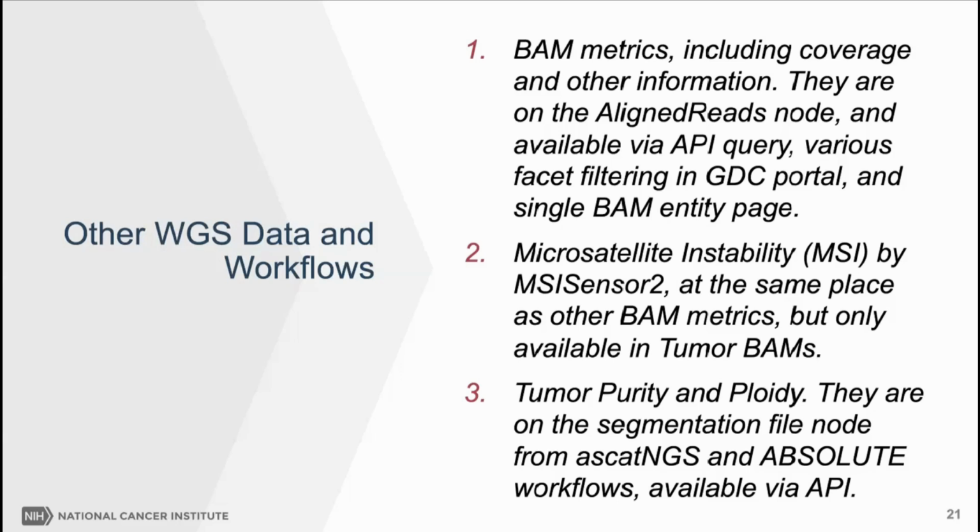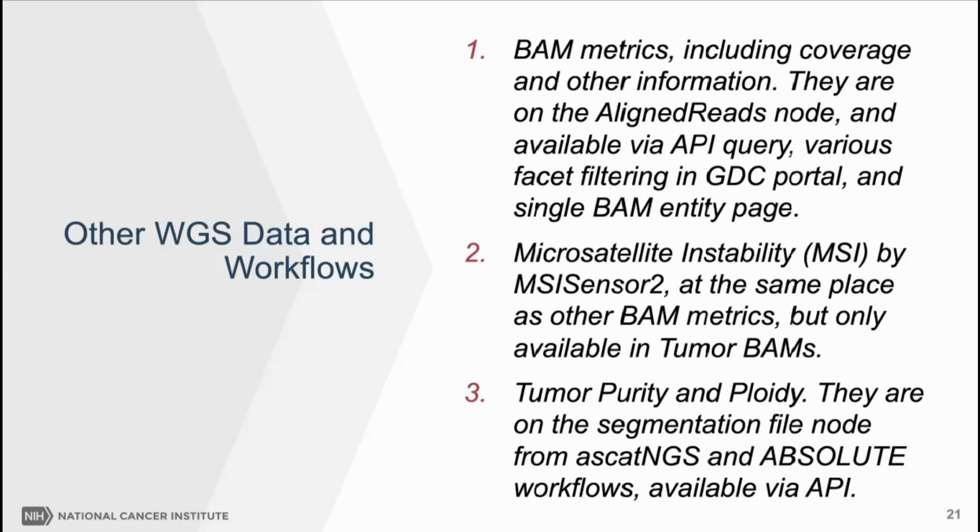The next pipeline is the microsatellite instability workflow that's derived from a tool called MSIsensor. MSI is very important for some particular types of cancers. And we derive two values, one called MSI status, the other called MSI score.